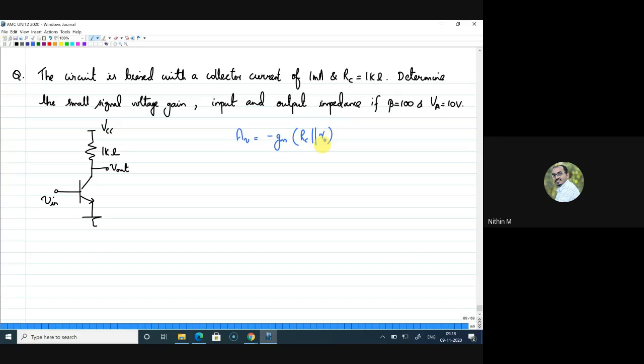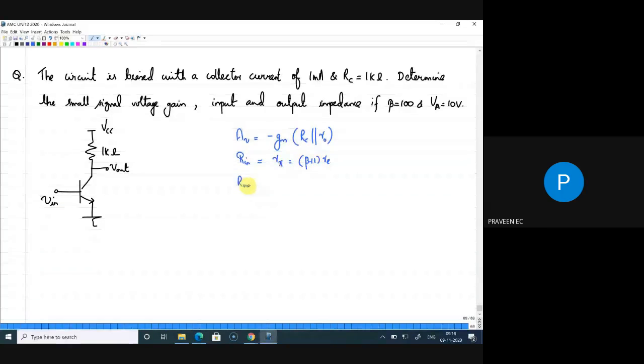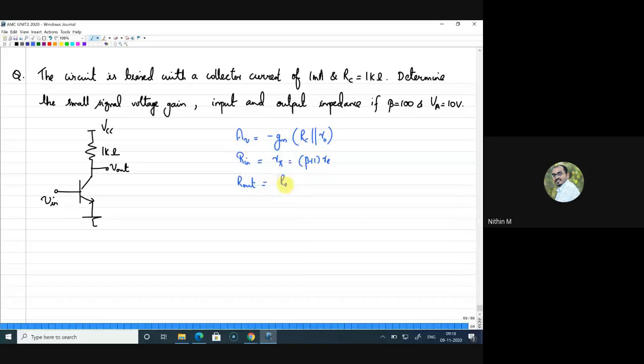So no need to calculate that again. Can you tell me what is the input impedance formula for this? What is R in? Sir, R in is beta by gm, sir. Beta by gm is nothing but r pi, right? I can write it as beta plus 1 into re. What about R out? R out is RC parallel r naught, sir. Very good.